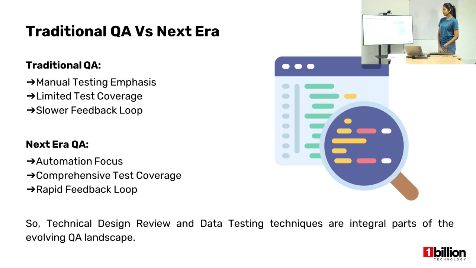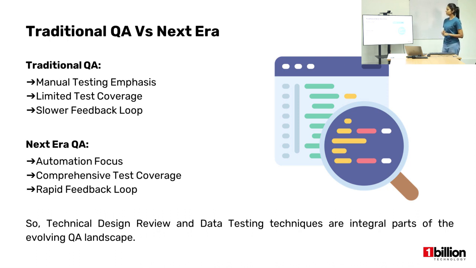It mainly relies on manual testing and has very limited test coverage. It is very time consuming, and we cannot execute all possible scenarios because of human limitations. It also has a very slow feedback loop.